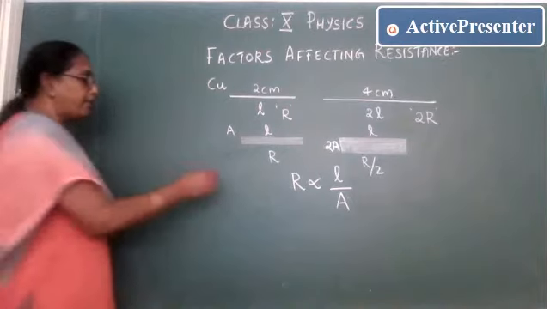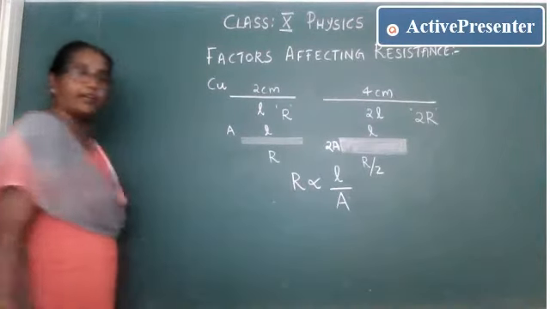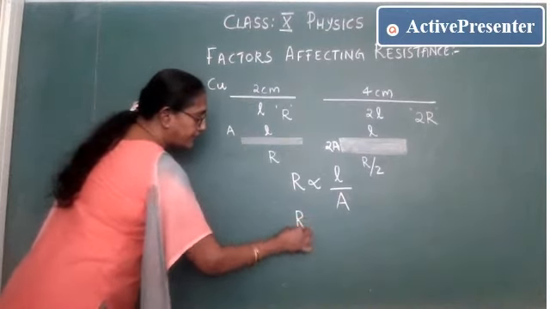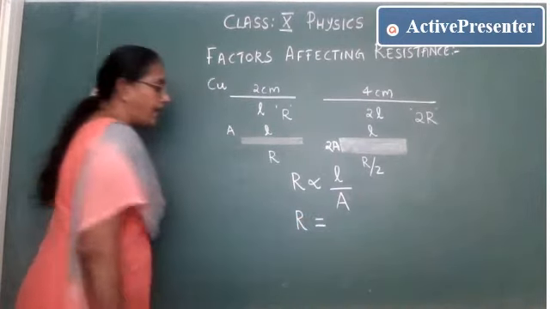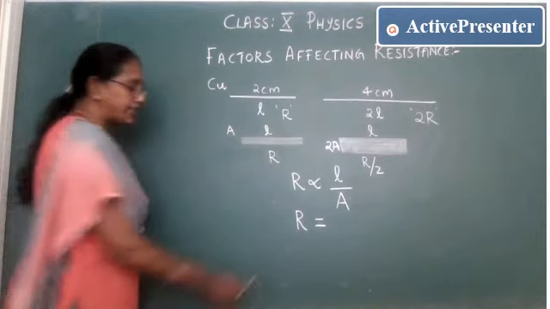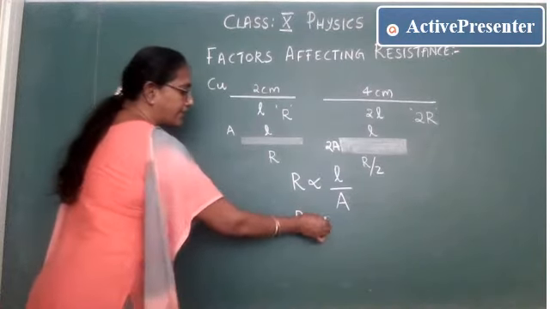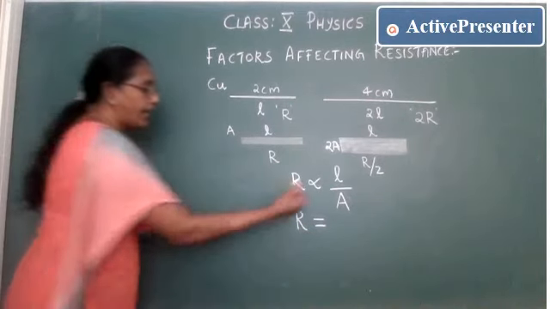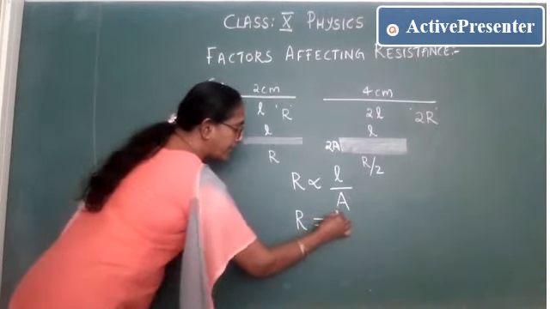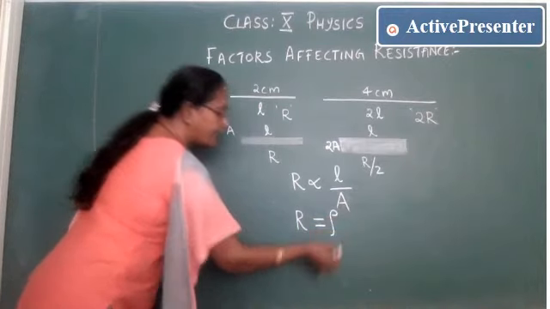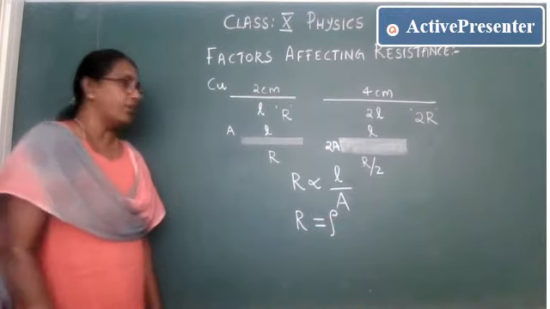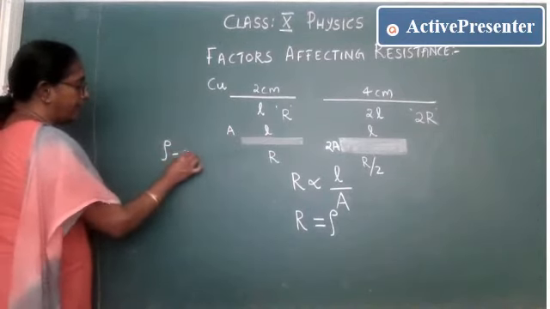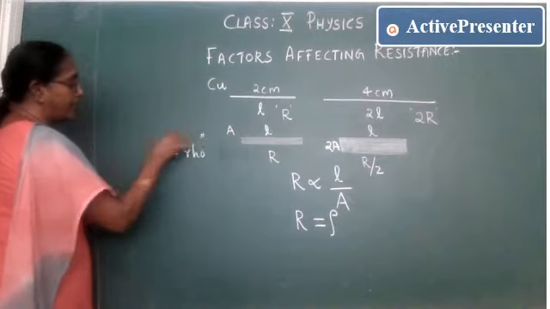Now, if you want to change this to an equal sign and get an equation, as usual, when you change a proportionality sign to an equal sign, we have to introduce a constant. Here, I am going to write a Greek letter, pronounced rho, R-H-O, a Greek letter.